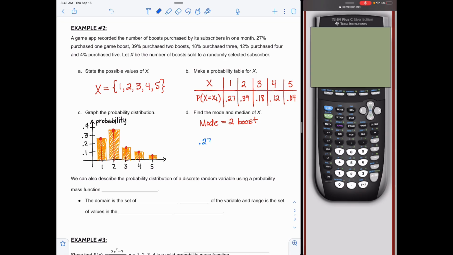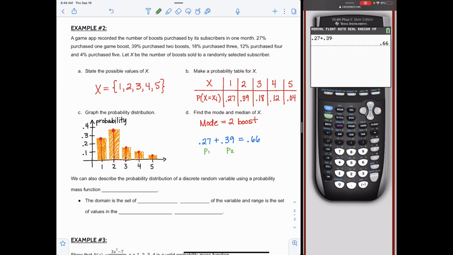Okay, so we're going to start with 27%. So we say 0.27. We already know that's not 0.5. So if we add 0.39, we end up getting 0.66. And as you can see, 0.66 is greater than 0.5. So we can stop there. This is the probability of getting one boost, plus the probability of getting two boosts. So it is the value that pushes you to equal 0.5 or more.